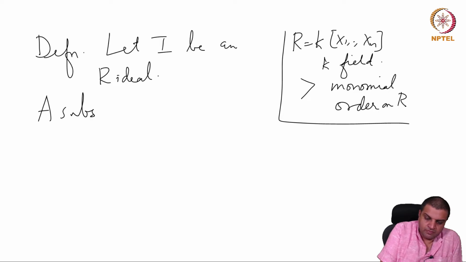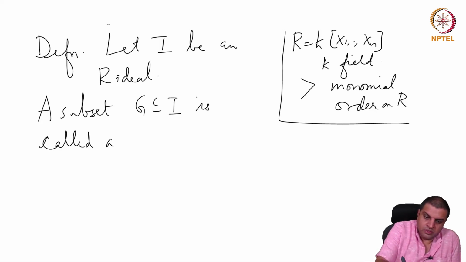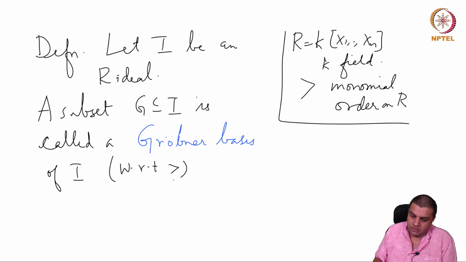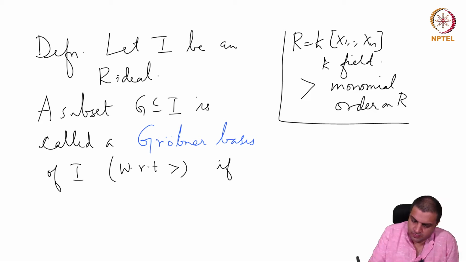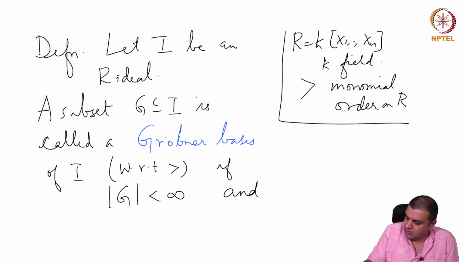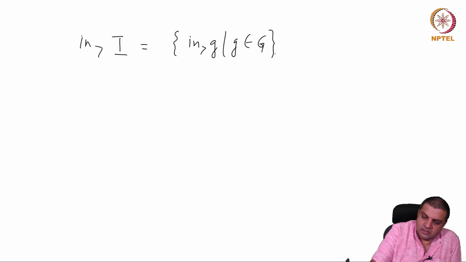So a subset G inside I is called a Gröbner basis of I, again with respect to the given order, if G is finite and the initial ideal of I is generated by the initial terms of the elements in G. Okay.